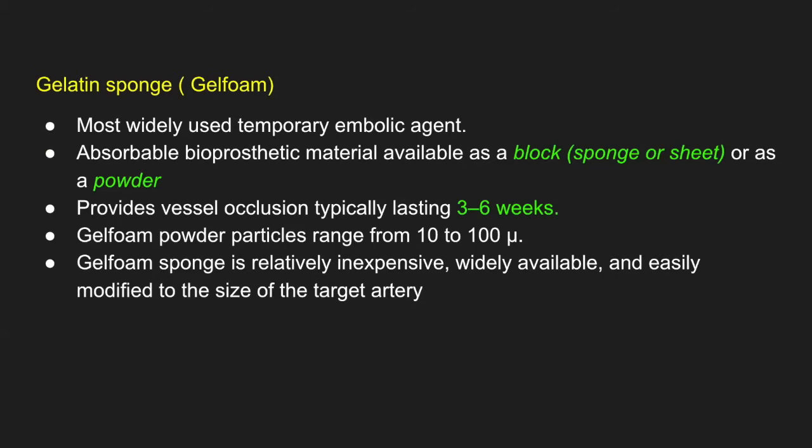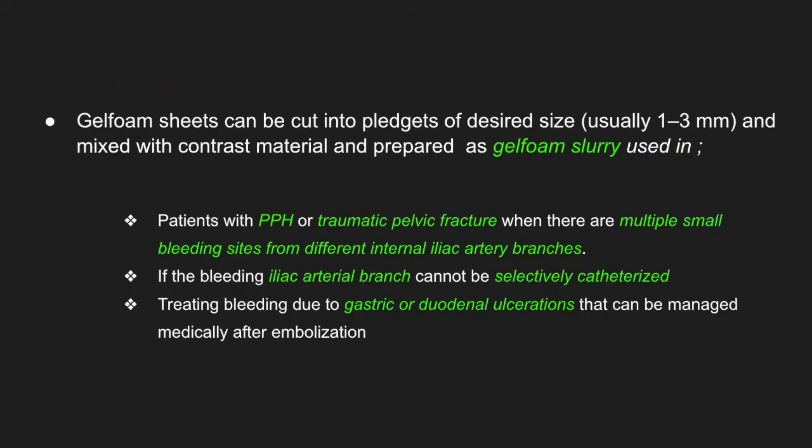Gelfoam sponge is relatively inexpensive, widely available, and easily modified to the size of the target artery. Most of the time we like to use gelatin sponge in contrast to powder particles, because powder particles can give you severe infarction. So we'll be talking about gelfoam.